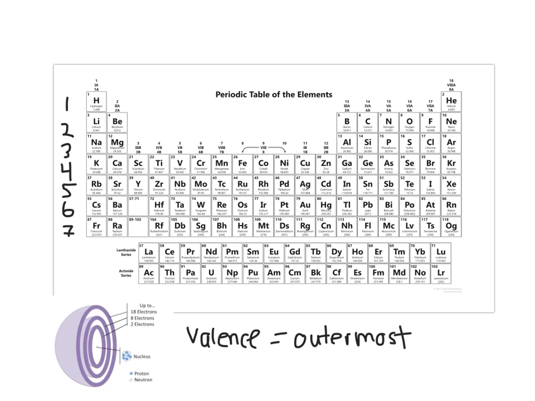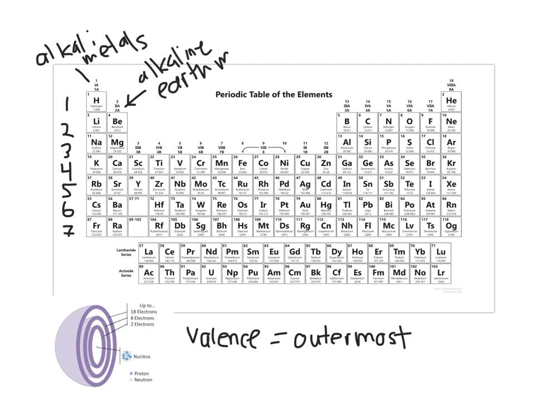Elements in a given group or column are given a particular name. So we refer to column 1 elements as alkali metals, column 2 as alkaline earth metals, and we refer to the elements in column 16 as the chalcogens.